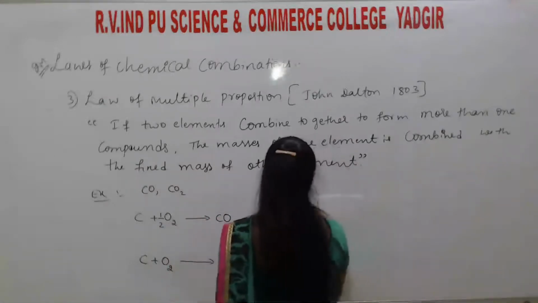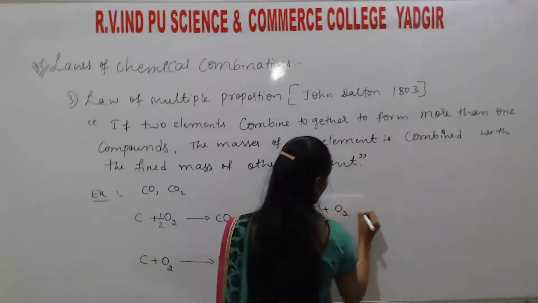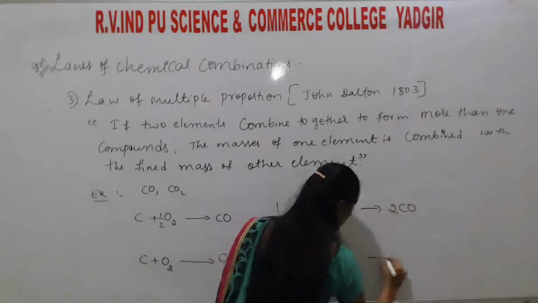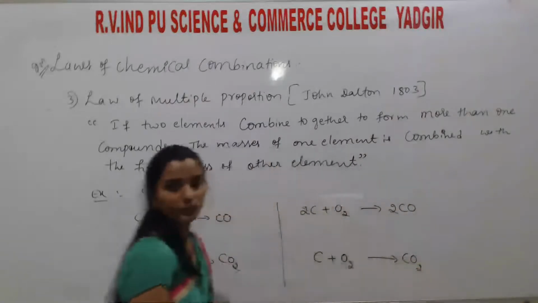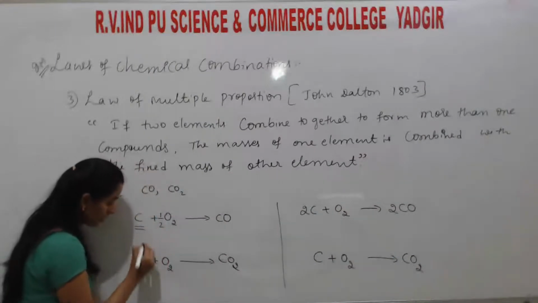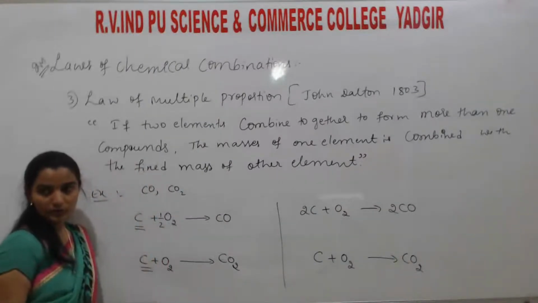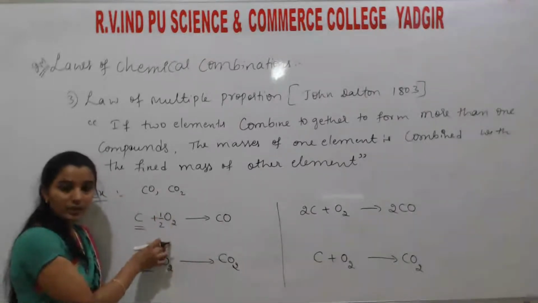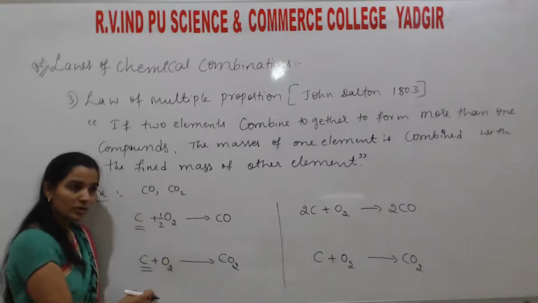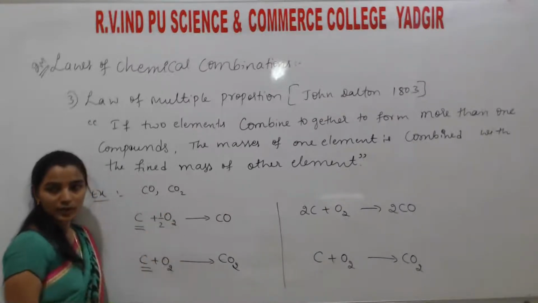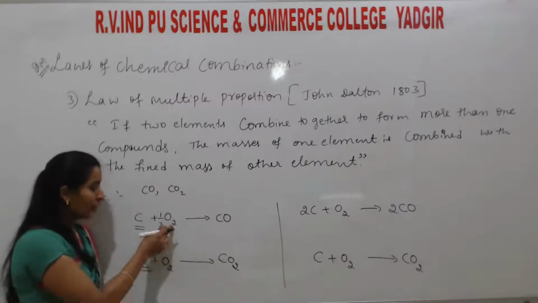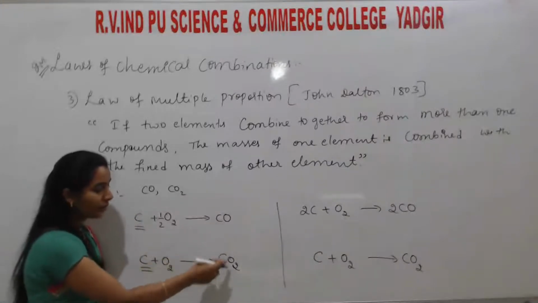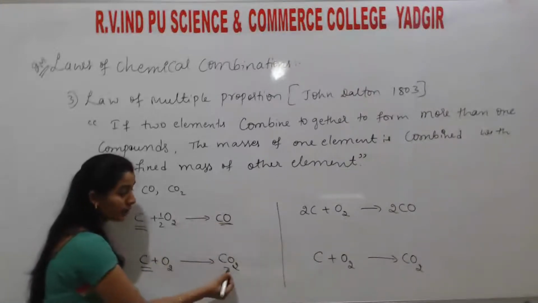If you balance it, students, it becomes 2C plus O2 gives 2CO, and C plus O2 gives CO2. Here both are carbon and oxygen. They combine with each other in a different manner, but the carbon proportion is fixed and the oxygen proportion is varied. CO is different, CO2 is different.